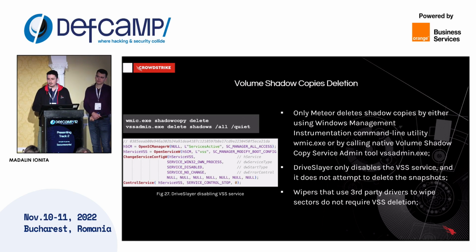Unlike Meteor, DriveSlayer disables the VSS service, as we can see in the snapshot, but does not attempt to delete them. There is an important footnote here. Wipers that use third-party drivers, like the one presented in the previous part, do not need to delete the snapshots as they can remove everything.